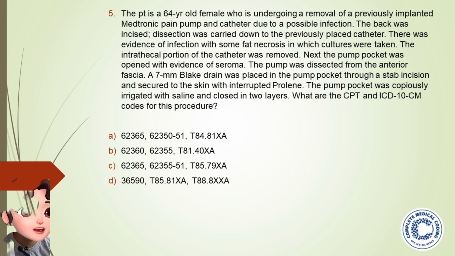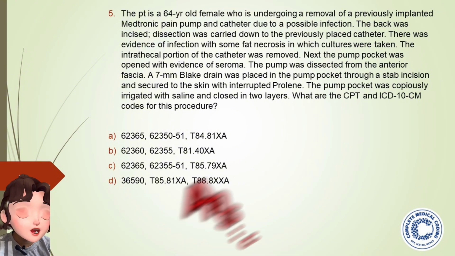So both codes we should mention along with our ICD code for infection, because the patient was having infection from this previously implanted device and catheter. So our answer will be option C.